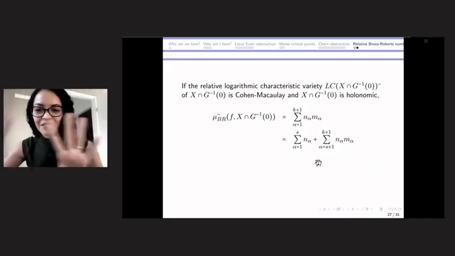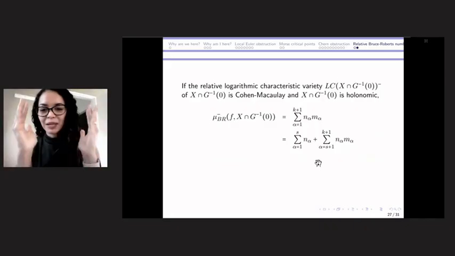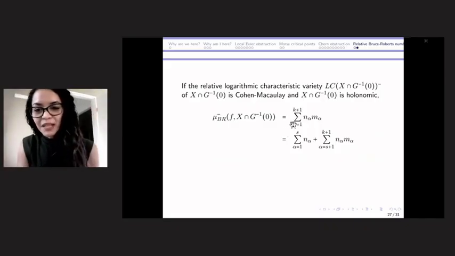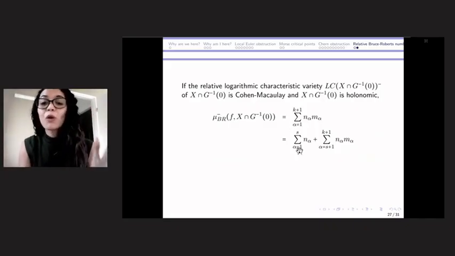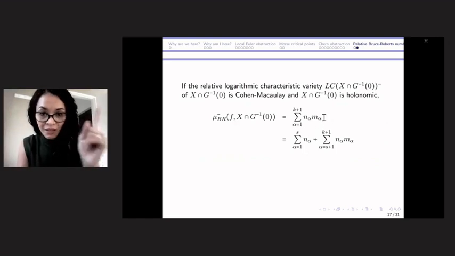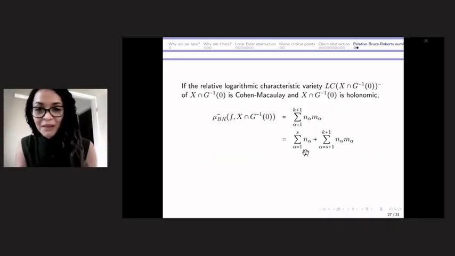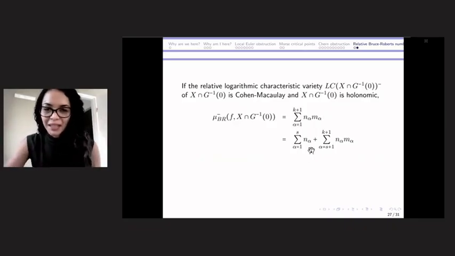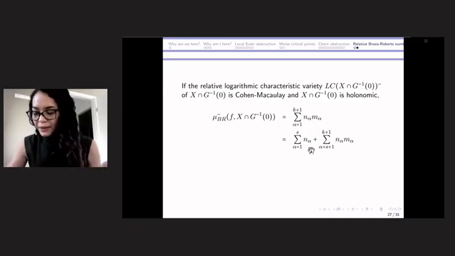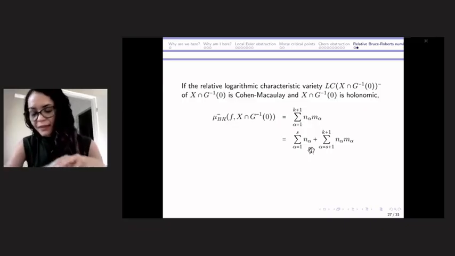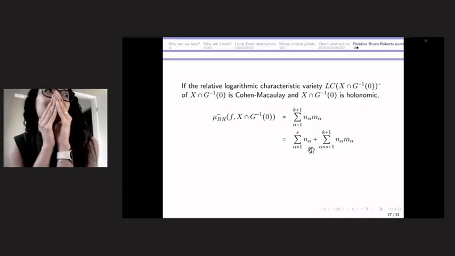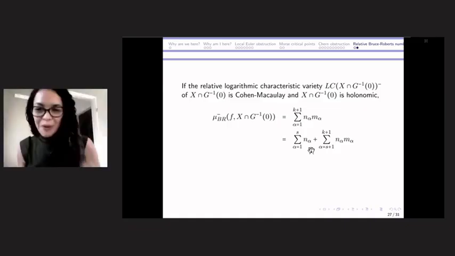We divide, so the part of the relative Bruce-Roberts number that was computed over the regular part of the variety, which is this one. In here, the geometric multiplicities are 1, all of them, because we are looking at, oh my gosh, the word irreducible components.